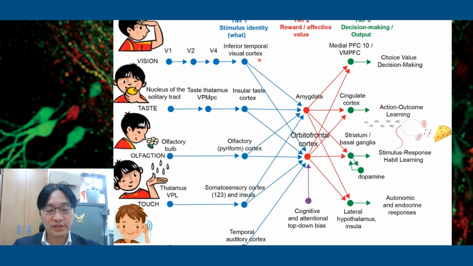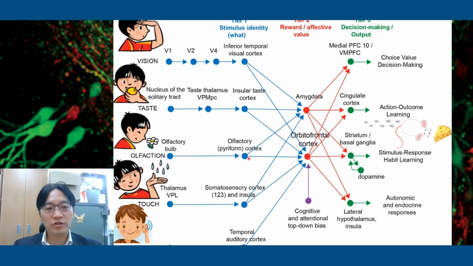What is this? Is this an apple or a person or a cat or a chair? So to identify, we receive different kinds of sensory modality: vision, taste, olfaction, touch, or the sound. And there are multiple layers of neurons for the cognition.